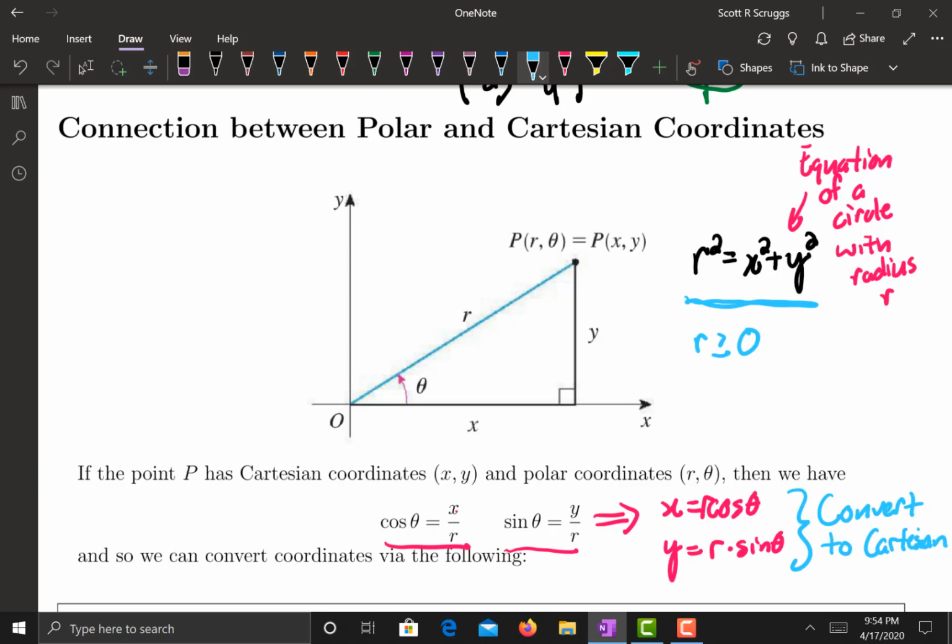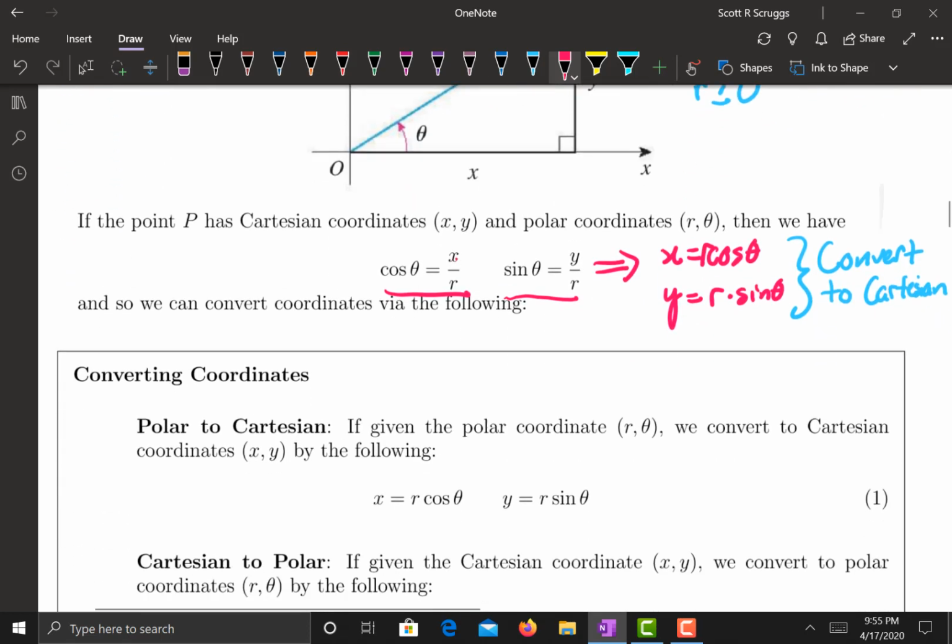And in terms of that right triangle diagram, I should know what tangent of theta is, because tangent is opposite over adjacent, or in this picture, y over x.